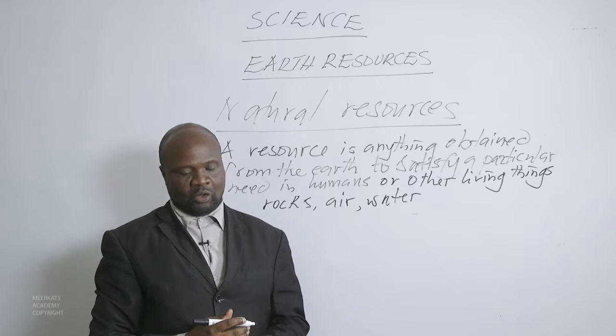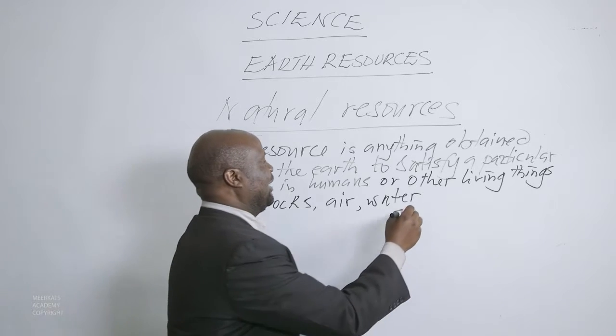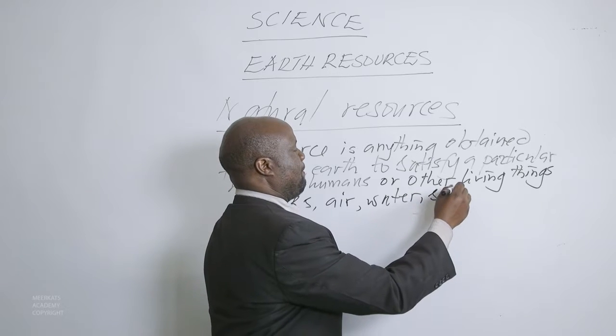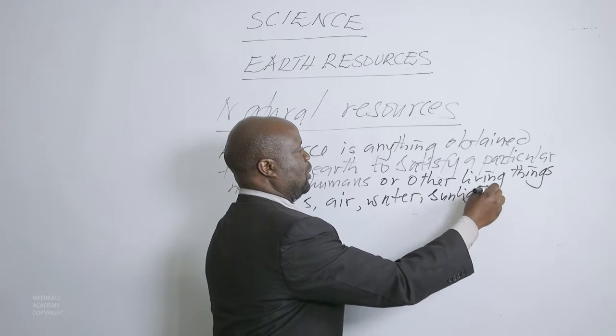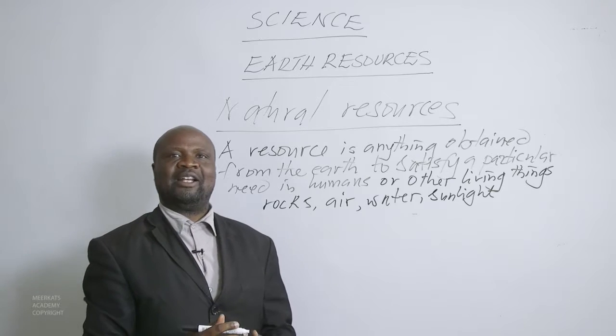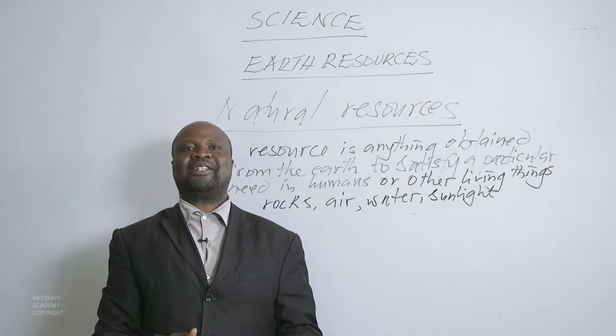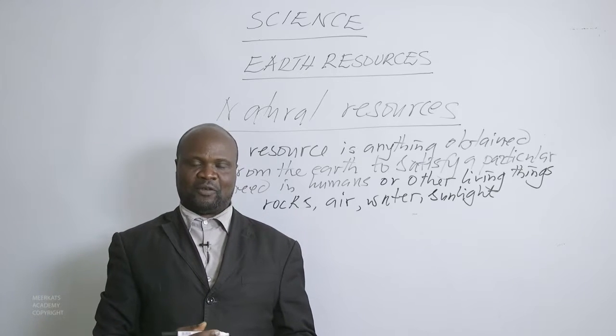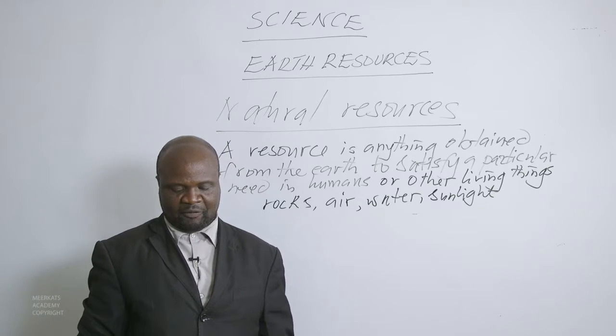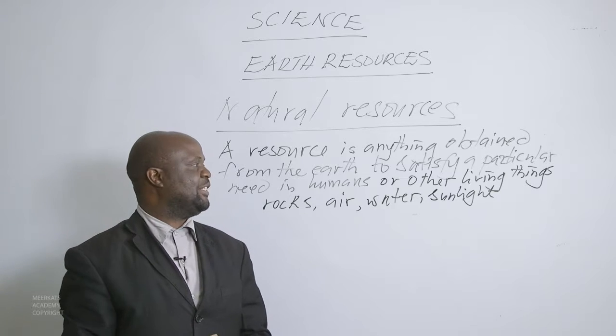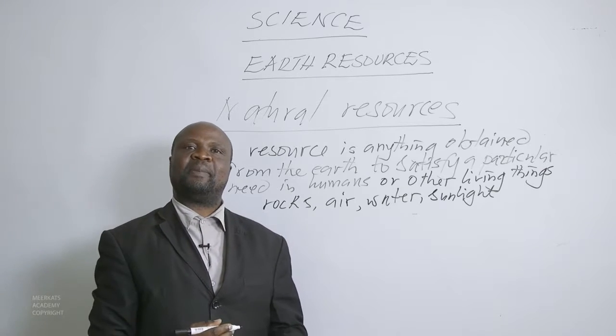Apart from that, we also have sunlight as a natural resource. We cannot get sunlight within the earth. We obtain sunlight from the sun, but it's very important. It's a form of energy which many things depend upon.